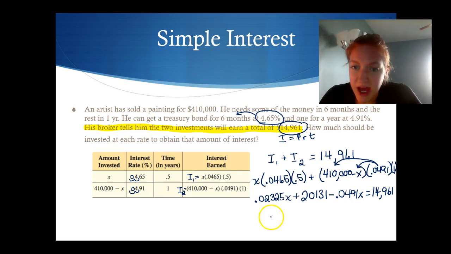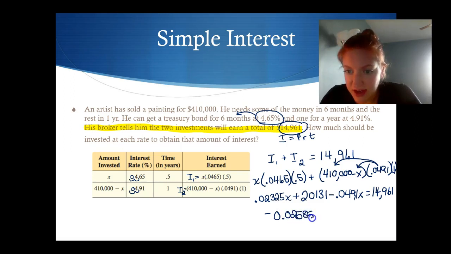Now let's go ahead and combine those x's. So 0.02325 minus 0.0491. Oh no. Okay, so anyways, you get negative 0.02585x. Why are my numbers looking so terrible?